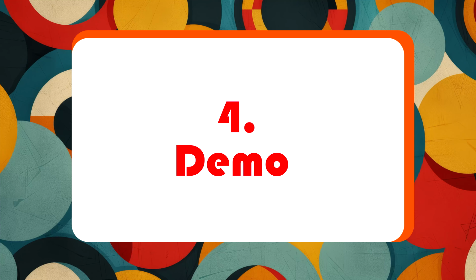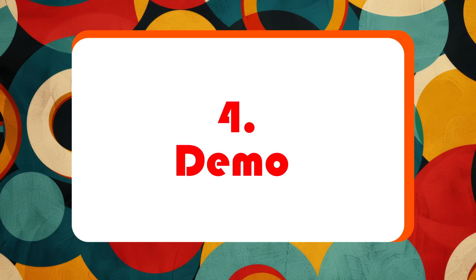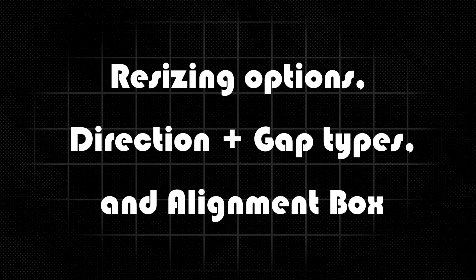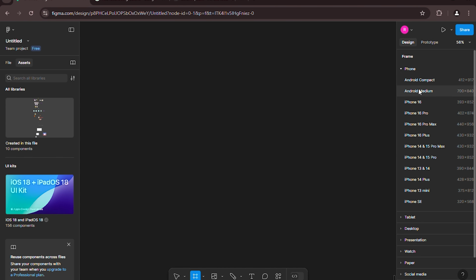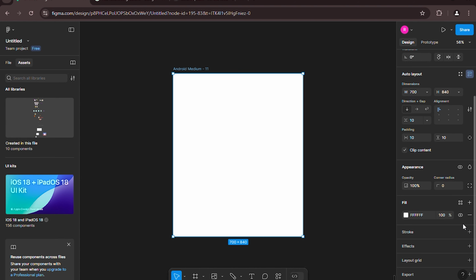Alright, now let's combine everything we have learned into a real world example. We are going to create a responsive card layout using all the resizing options, direction plus gap types, and alignment box settings. First, create a frame with auto layout. Add a fixed size image at the top.